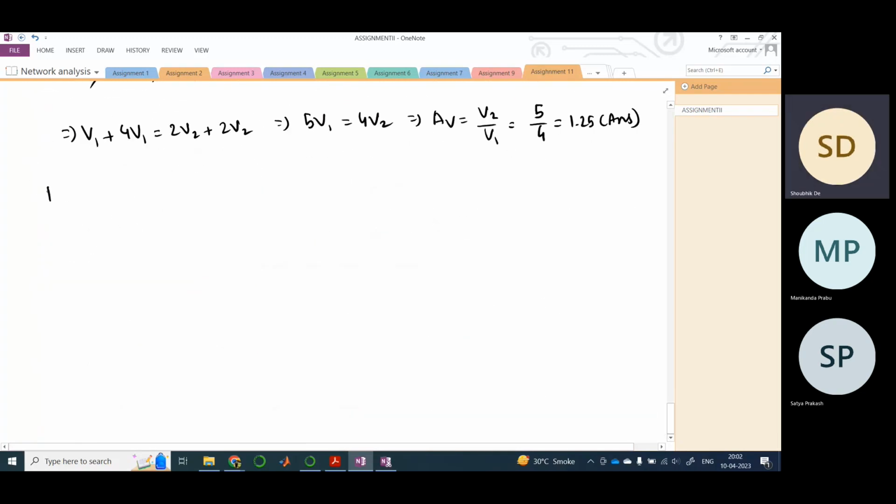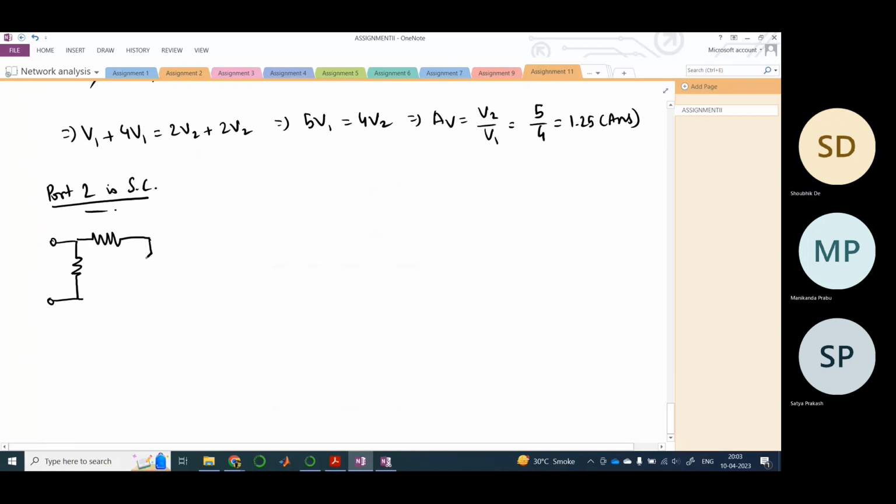Here port 2 is now short circuited, so we need to redraw the circuit again. And here there is a small twist. I won't draw the 10 ohm resistor. I hope you know why. Because port 2 is short circuited.